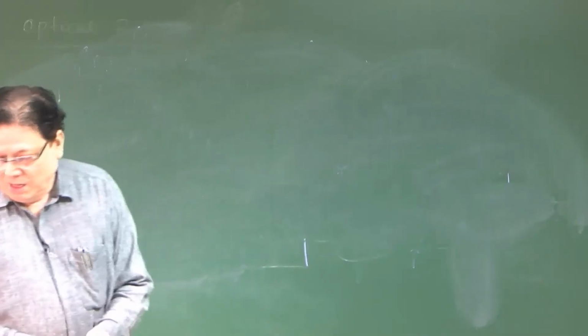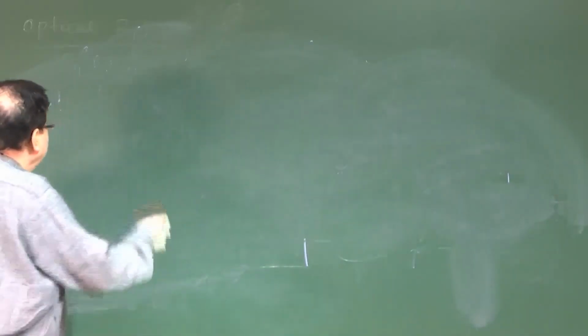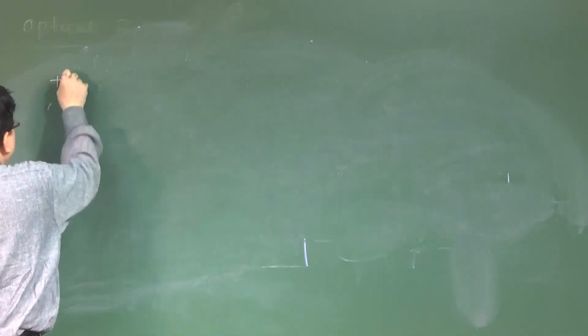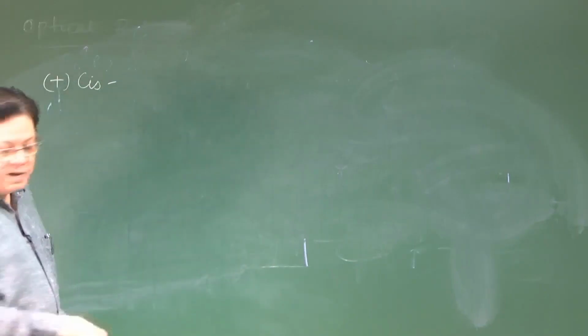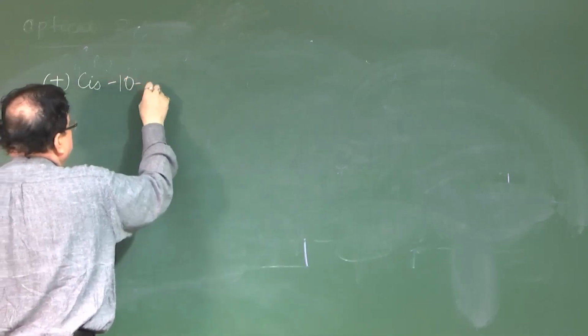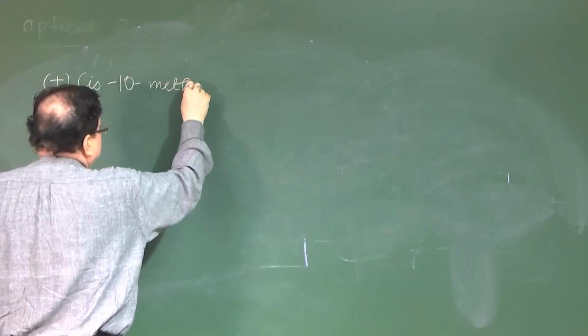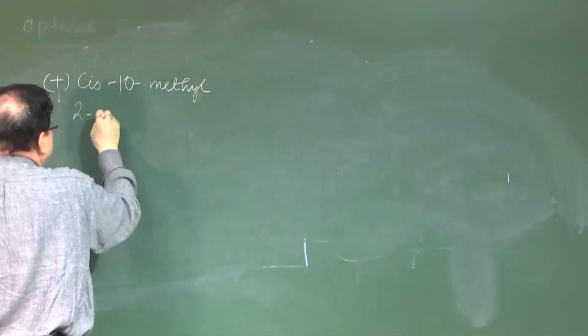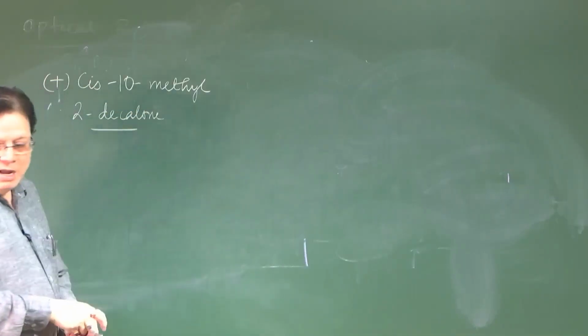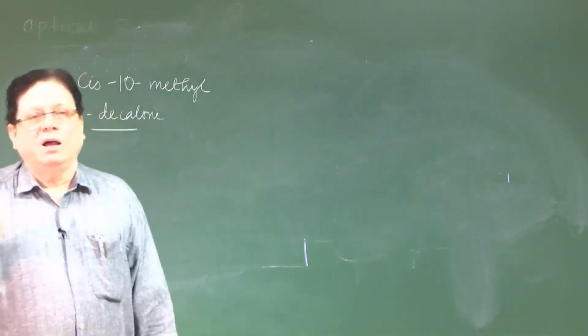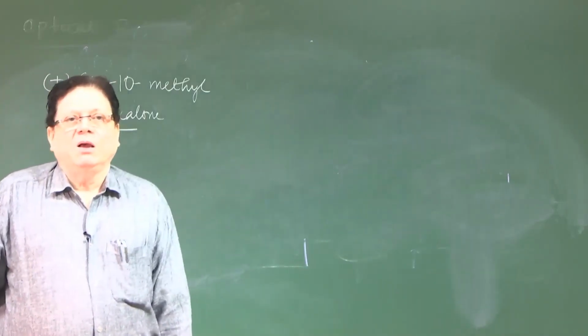Okay. This next problem is a compound which is plus cis 10 methyl 2 decalone, and you are asked to determine the preferred conformation of this system.